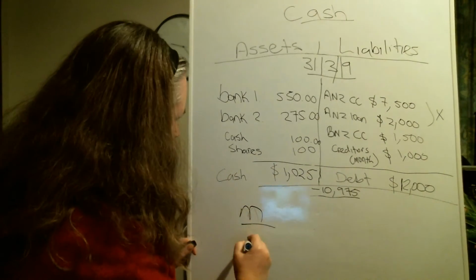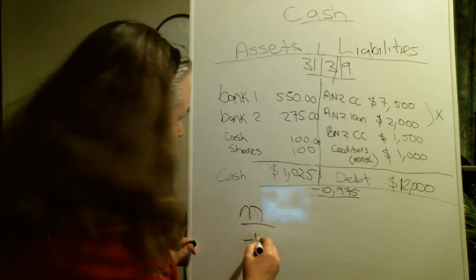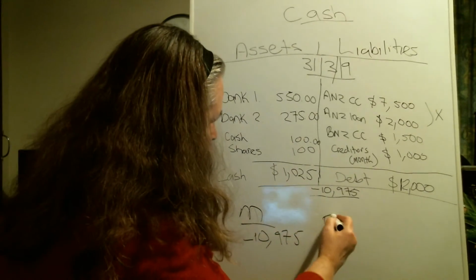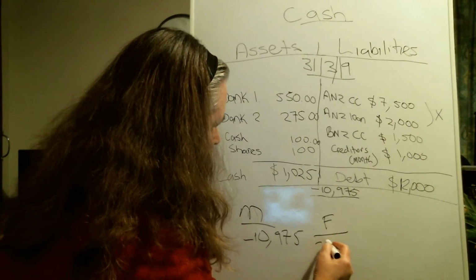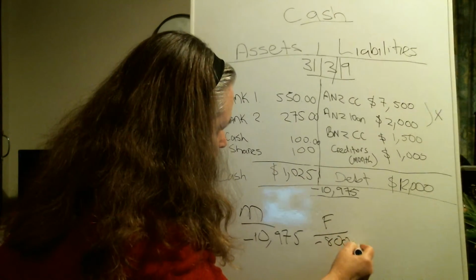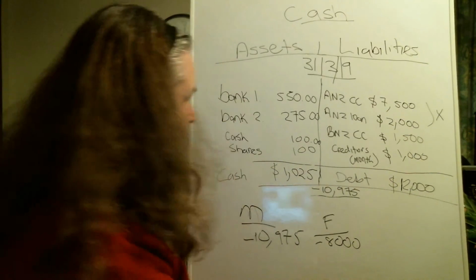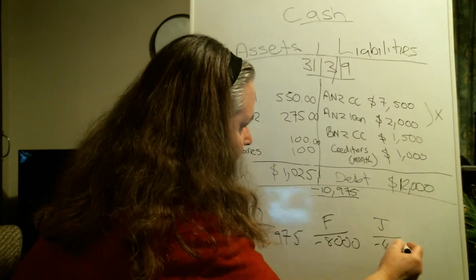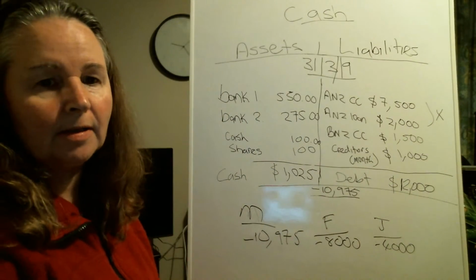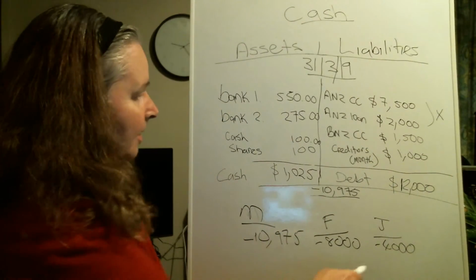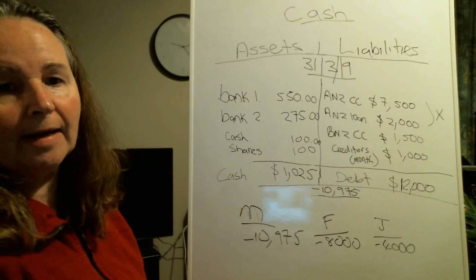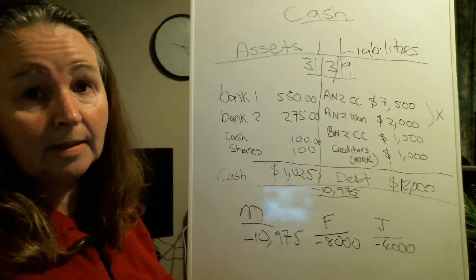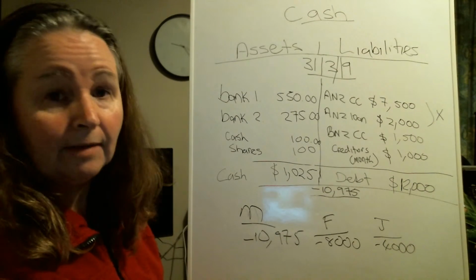So in March, we've got minus 10,975. And at the end of February, our net worth was minus $8,000. And then at the end of January, the net worth was minus $4,000. So you can see over time, from January, February, March, my minus is actually getting more. I'm actually getting further into debt.